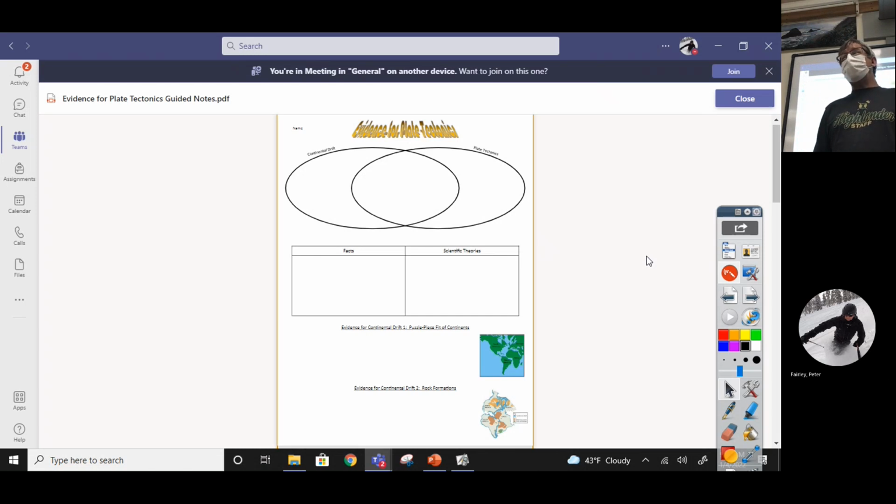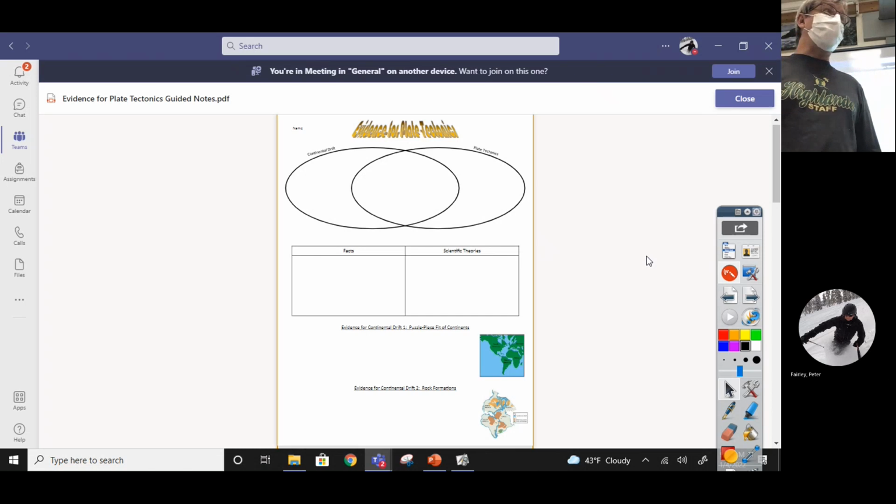But then, about 50 years ago, we gathered a bunch of new evidence that supported his ideas, but expanded beyond them. So what I want you to think about is that continental drift and plate tectonics are basically the same thing. But continental drift is the older, incomplete version of the theory, and plate tectonics is the modern, more inclusive version of the theory.